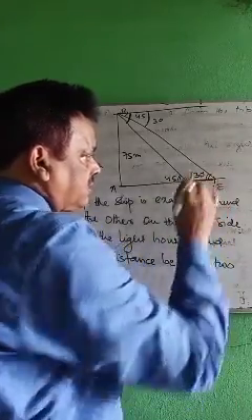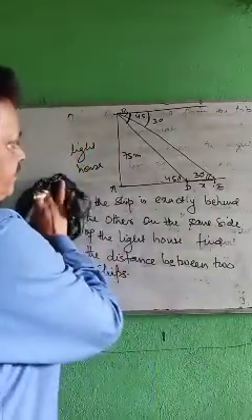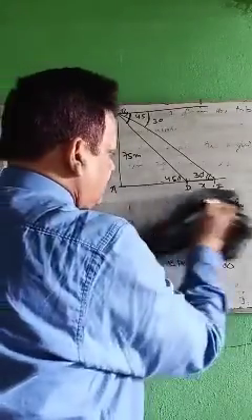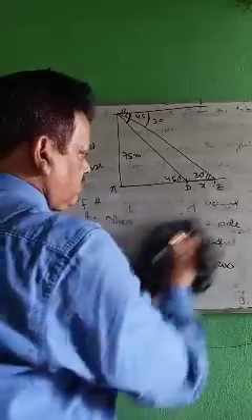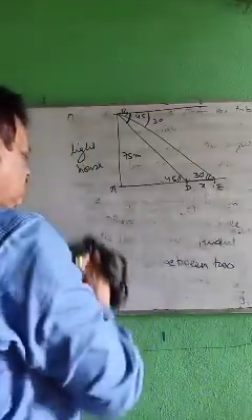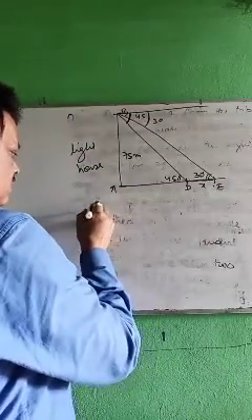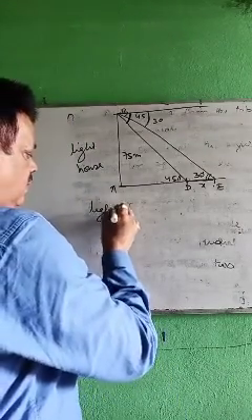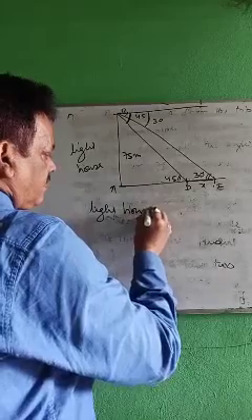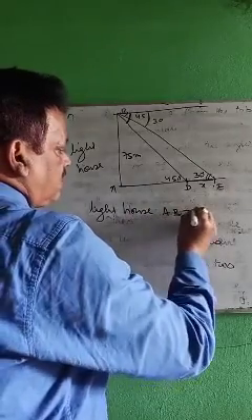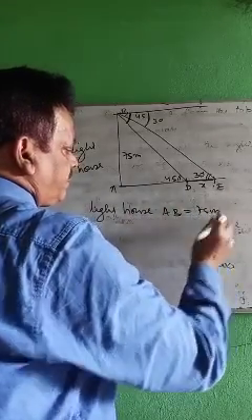Suppose this is X. Write down: lighthouse AB is 75 meter.